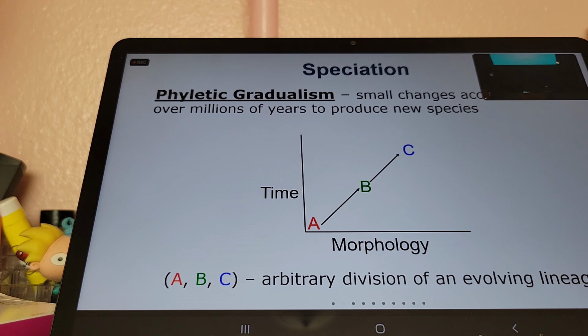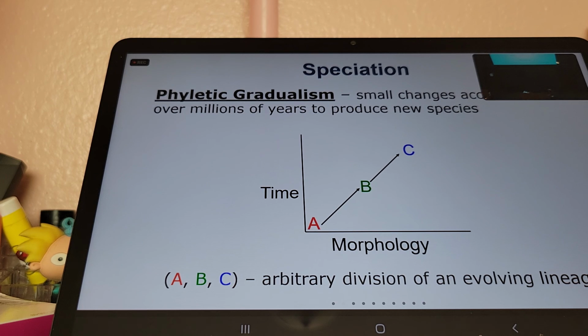Oftentimes, because the fossil record is incomplete, because fossils represent so few individuals, we don't have fossils from every individual or even every species that ever lived. So sometimes we get what look like blanks in the evolutionary or archaeological fossil record, and people used to always talk about missing links.